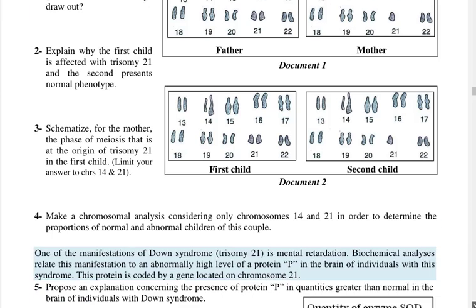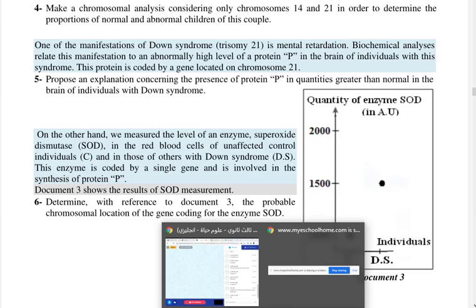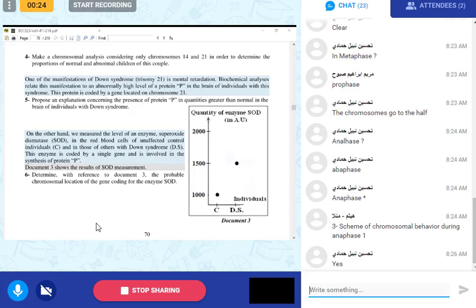Yes, please. Make a chromosomal analysis considering only chromosomes 14 and 21 in order to determine proportions of normal and abnormal children of this couple. Okay, now we want to make chromosomal analysis, like we do in the genes and alleles.